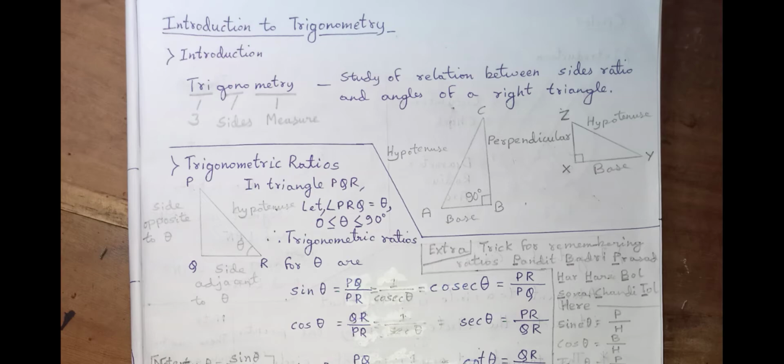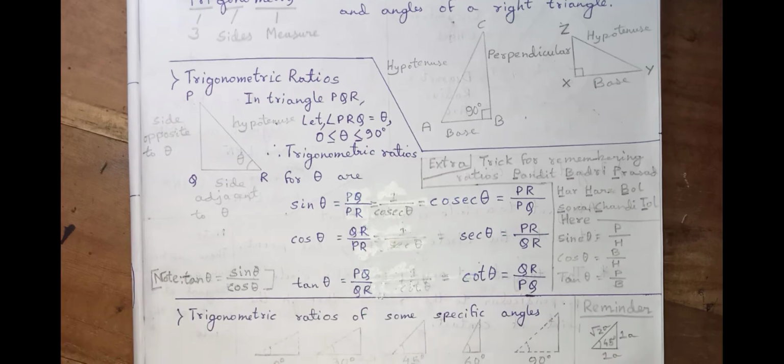Here there are 6 trigonometric ratios. You can see sine, cos, cosec, sec, cot, and then the one left is tan. So what are these ratios talking about?